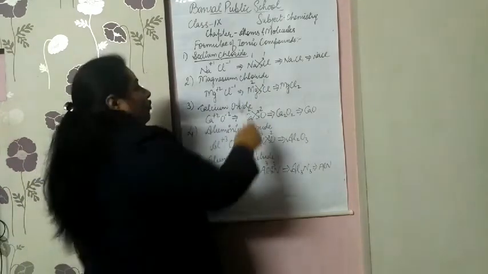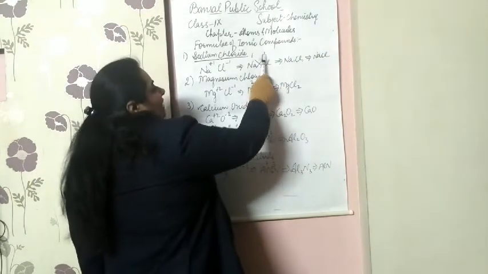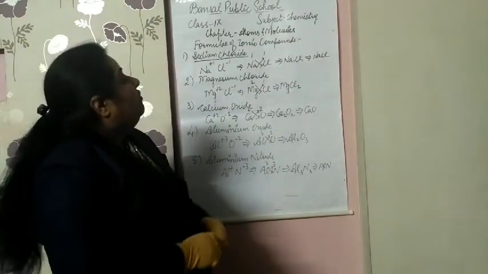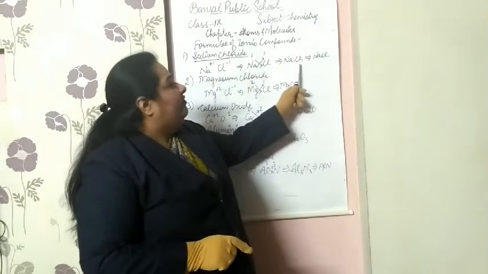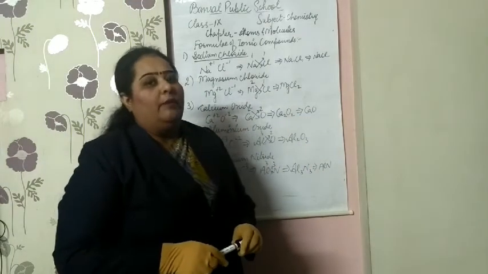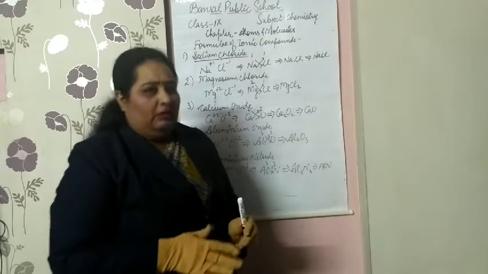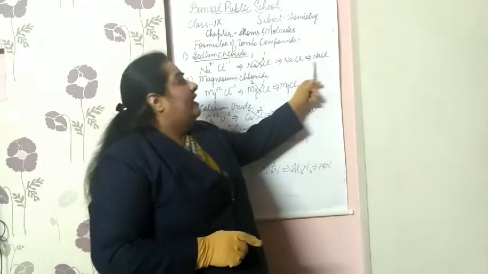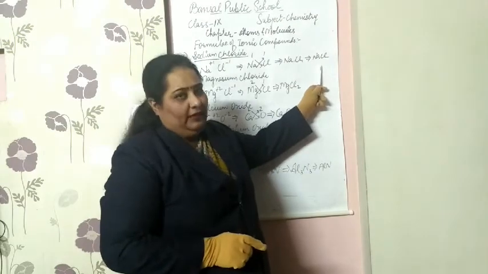That is, sodium is multiplied with 1, chlorine is multiplied with 1, and the formula comes as Na1Cl1. As in mathematics, we ignore the number 1. So 1 is ignored and the formula is NaCl, right?